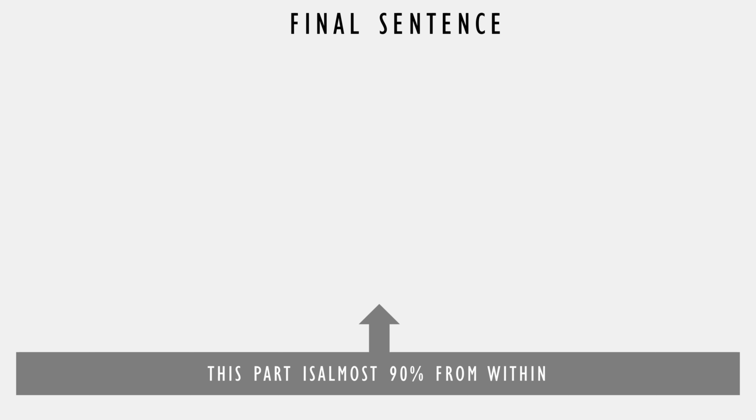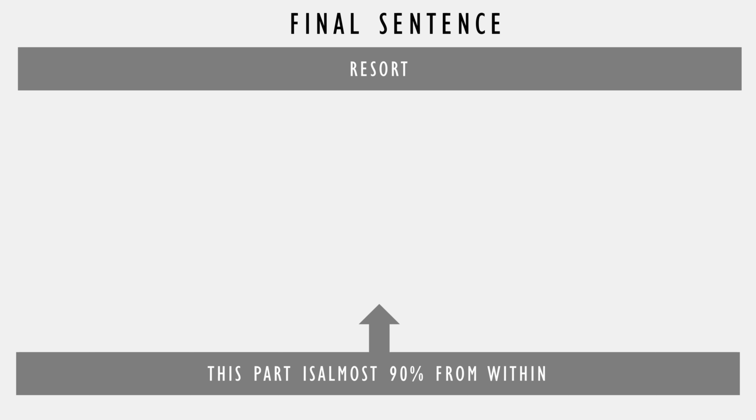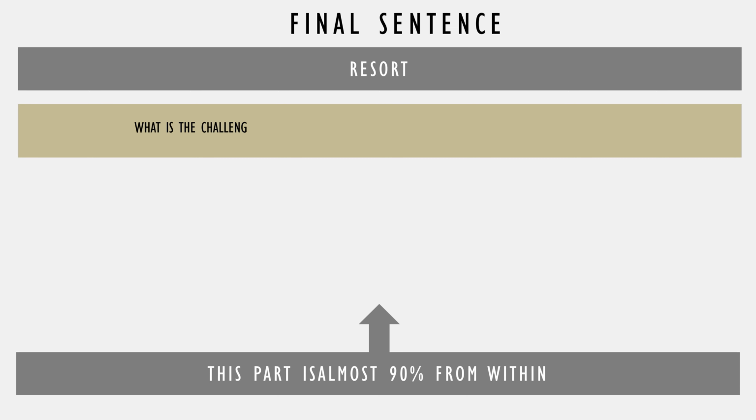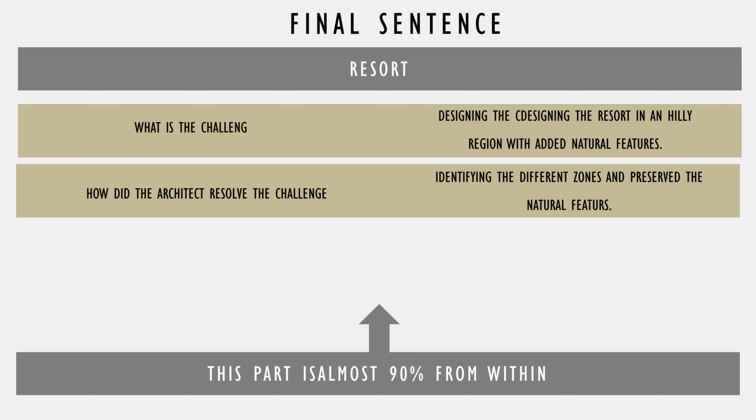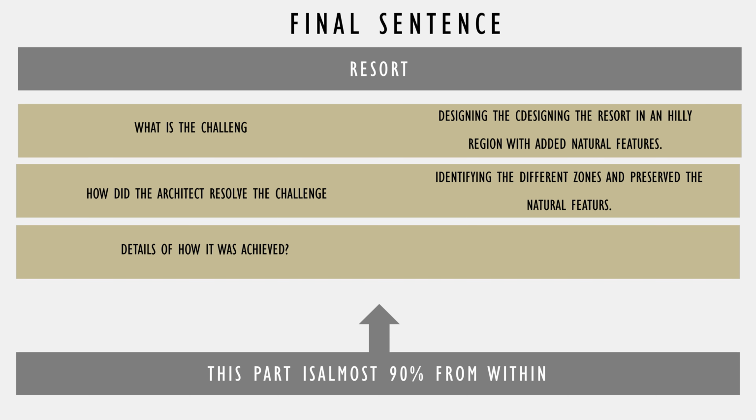Final sentence. Resort. What is the challenge? Designing the resort in a hilly region with added natural features. How did the architect resolve the challenge? Identifying the different zones and preserving the natural features.